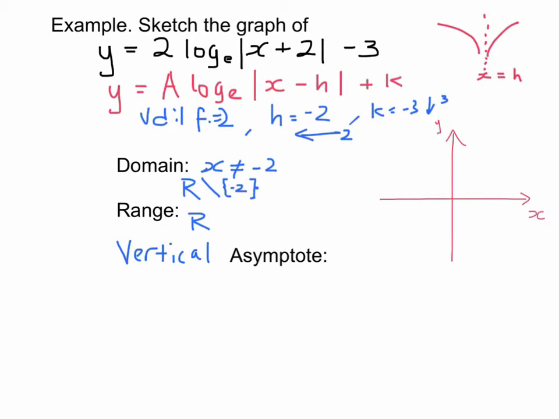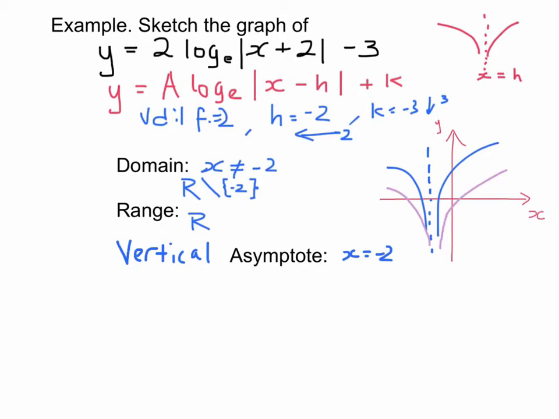And the vertical asymptote is x equals -2. So we have a rough sketch of something like this so far. Actually, I forgot about the vertical movement. So it's more likely to be shifted downwards by 3 units, so it might be perhaps something like this. So you have to be prepared for any eventuality.